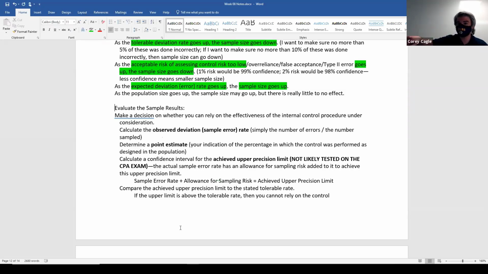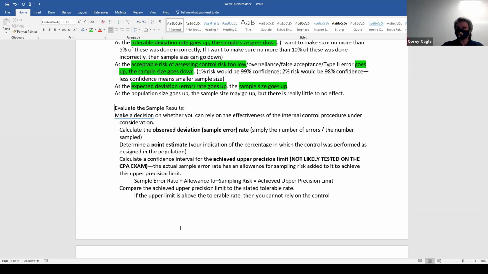Yes, yes, yes. No, yes, yes, yes. And then you calculate the deviation rate in your sample. What percentage of these that I sampled were wrong? 95% of them were right, 5% of them were wrong. That would be my sample deviation rate, 5%.